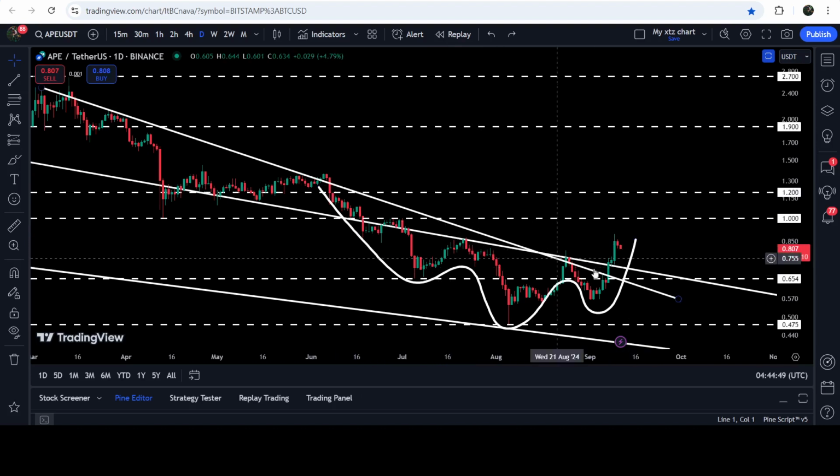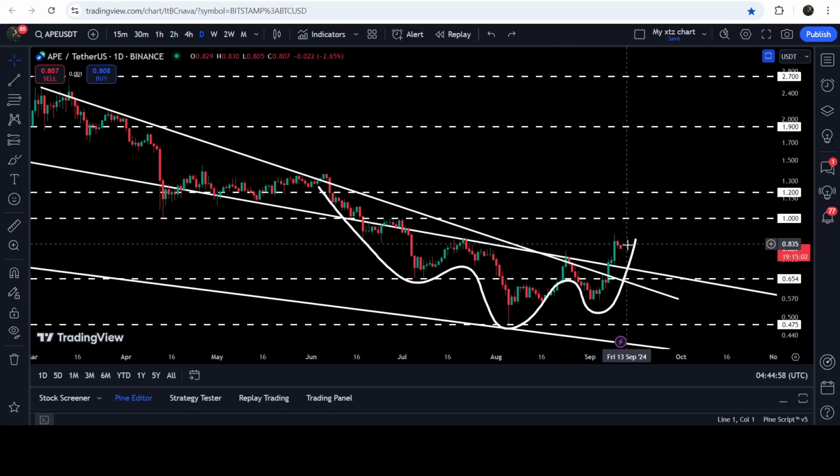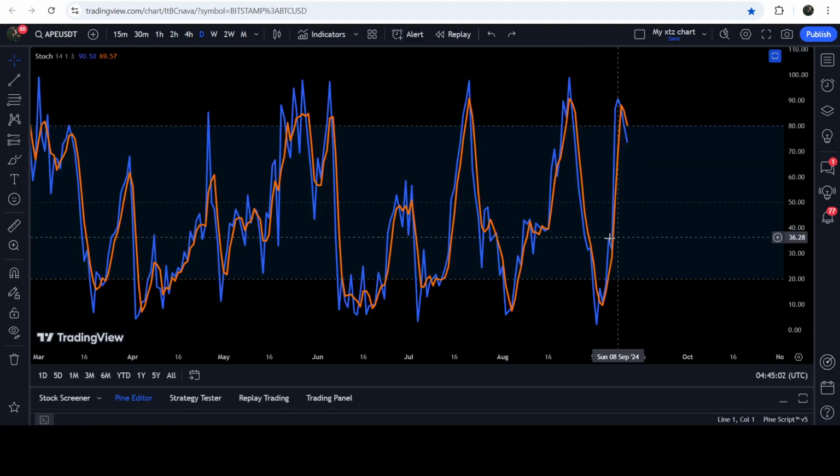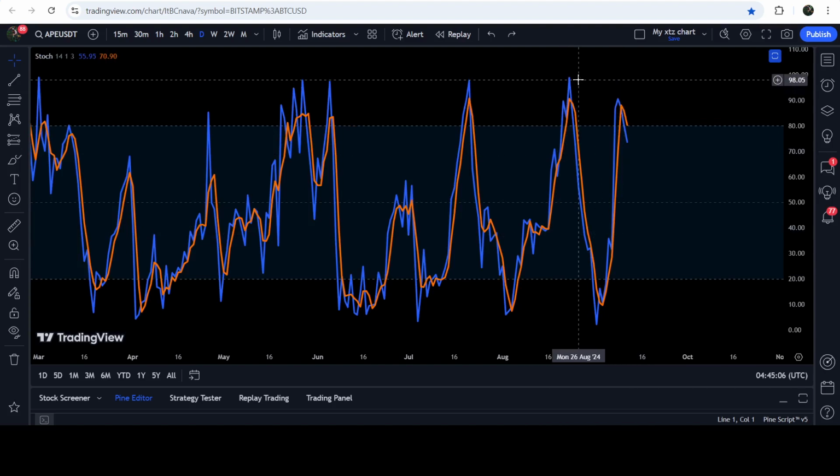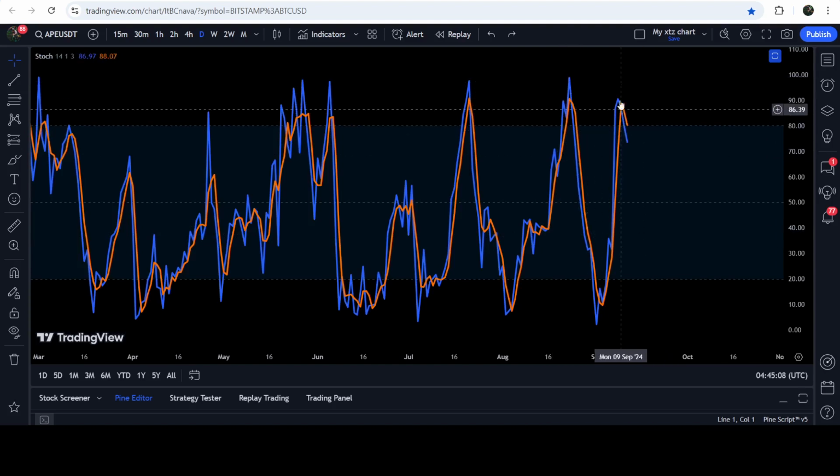But after the breakout, there is also a bearish divergence flashed on this daily time frame chart as the price line formed this high here, and the next high it has formed is higher than the previous one. And if we take a look at the stochastic oscillator, you can see that it is not able to do so, and so far it is forming a lower high than the previous one and has also entered the overbought zone.